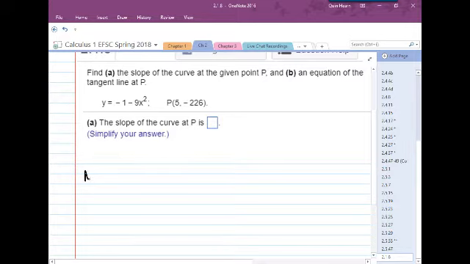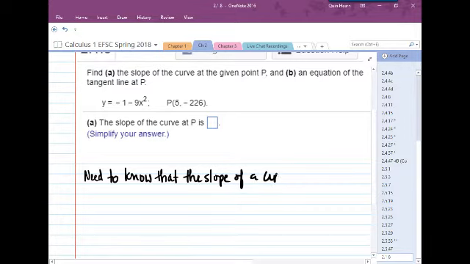In this problem, you're going to need to know that the slope of a curve, which, by the way, when you say slope of a curve, it's equivalent to saying the slope of a tangent line to a curve. Those mean the same thing.